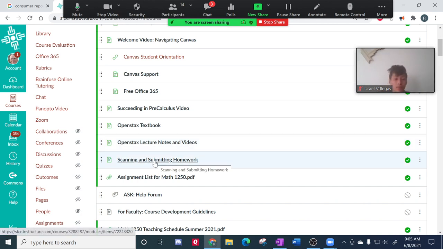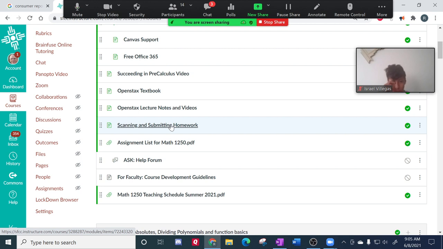Scanning and submitting homework, I want to go over this. I get a much better image if you use a scanning app. A specific scanning app is mentioned, but there are lots of free ones out there.